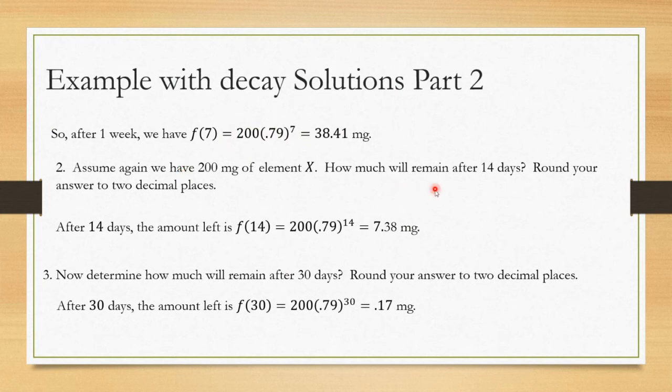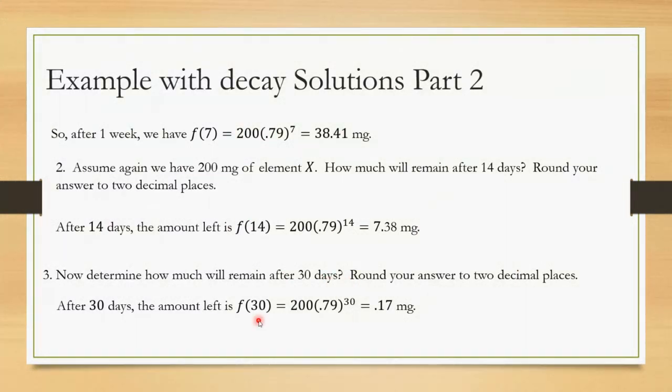Now in 2, it's the same problem essentially, but now we want to know how much is left after 14 days. Not 14 additional days, 14 days. So the amount left over then would be this. After 14 days, we're raising it to the 14. That turns out to be this. How much will be left after 30 days, roughly a month?